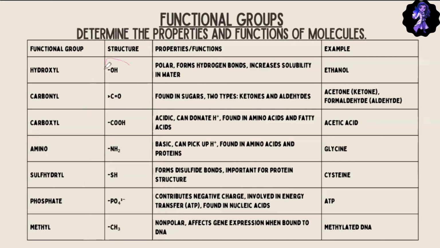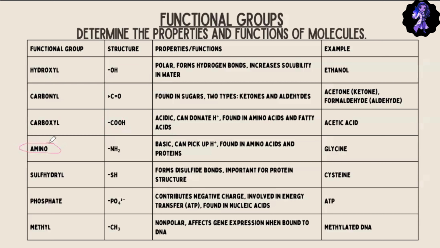For example, OH usually indicates some sort of hydrogen bonding because it has an O bonded to an H. So we know that it's going to increase in solubility. Another example is a carboxyl. Carboxyls have this little H attached that often wants to donate an H, and so that's going to make it acidic, per se.